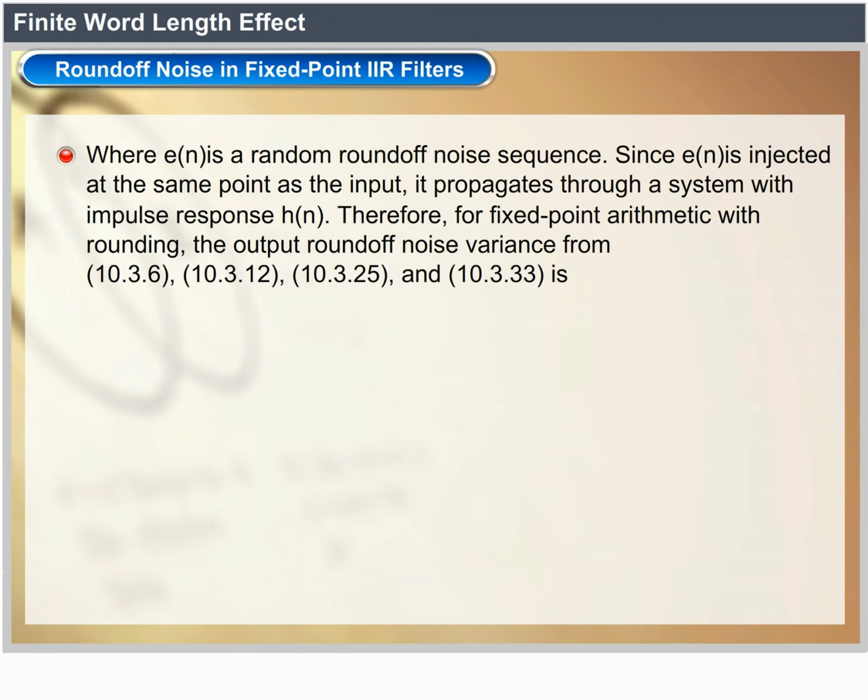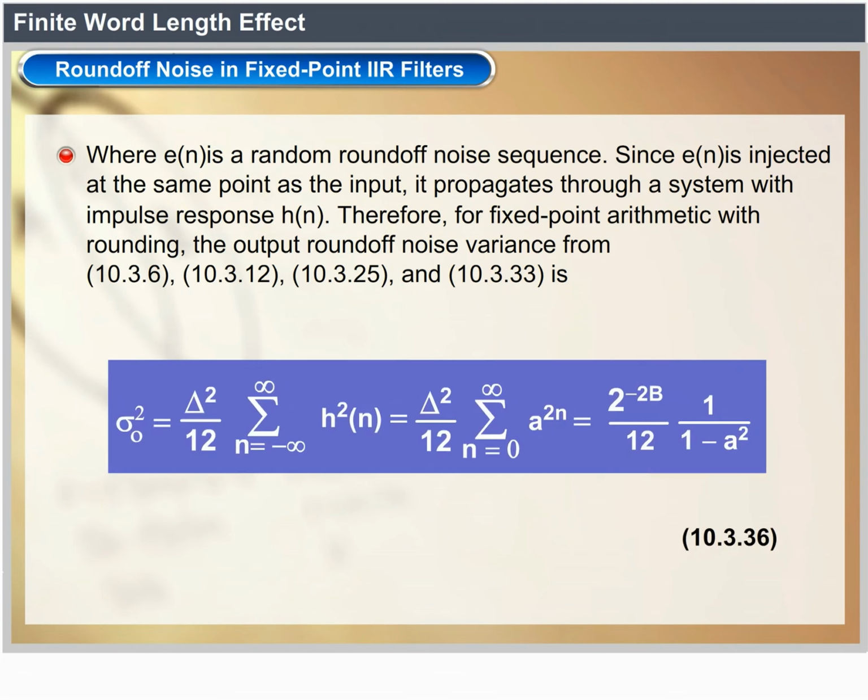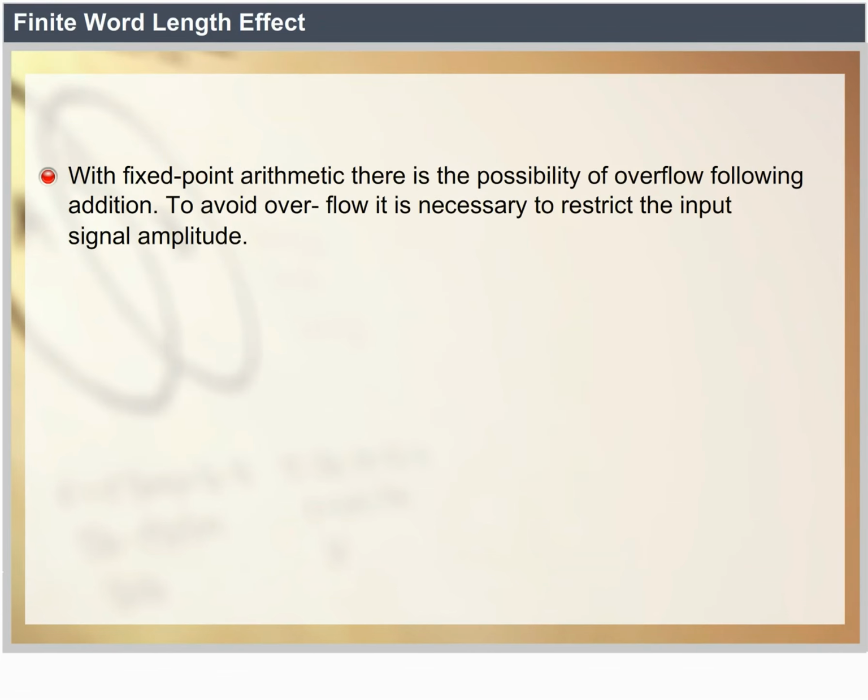Therefore, for fixed point arithmetic with rounding, the output round-off noise variance from 10.3.6, 10.3.12, 10.3.25 and 10.3.33 is sigma naught squared = Δ²/12 times the summation from n = -infinity to infinity of h²(n) = Δ²/12 times the summation from n = 0 to infinity of a^(2n) = 2^(-2b)/12 times 1/(1 - a²), equation 10.3.36.